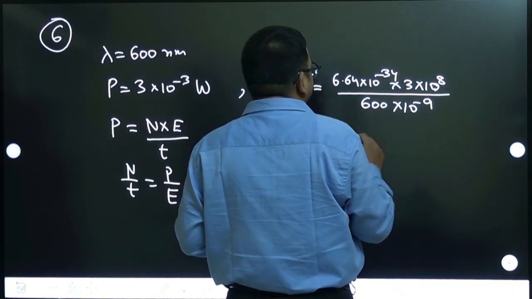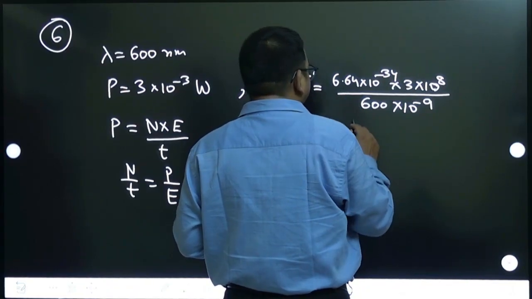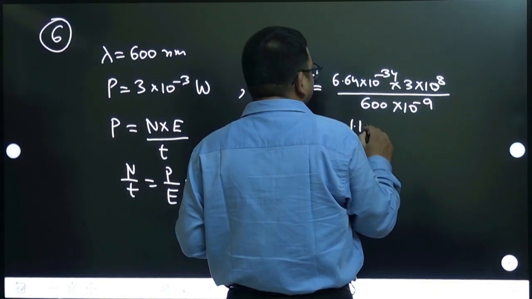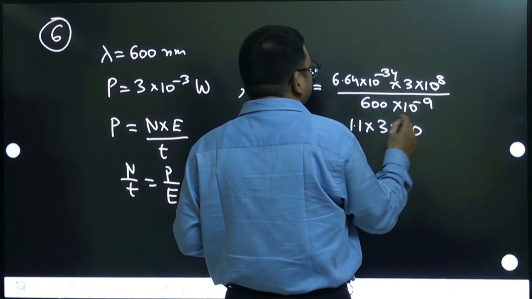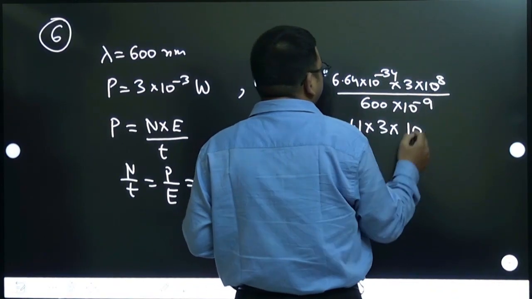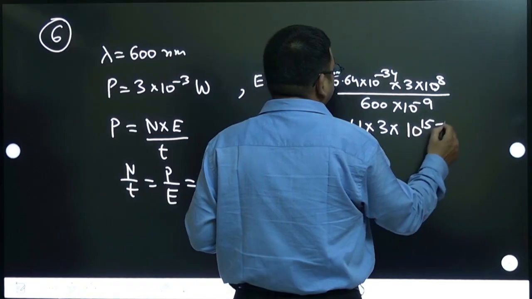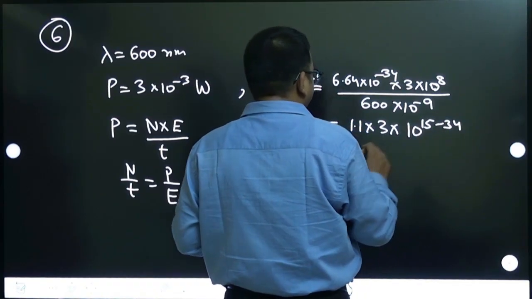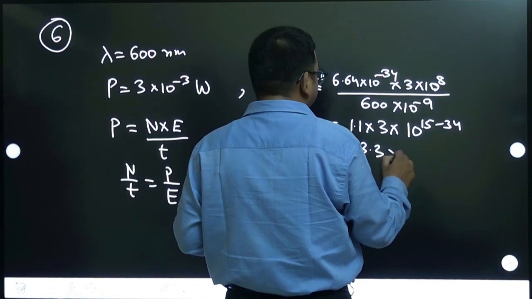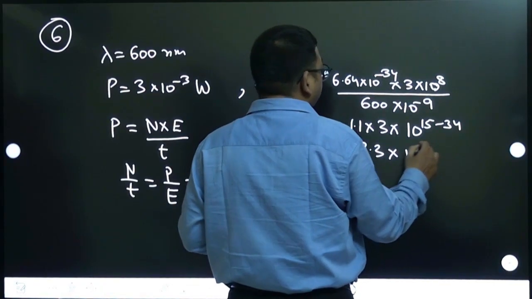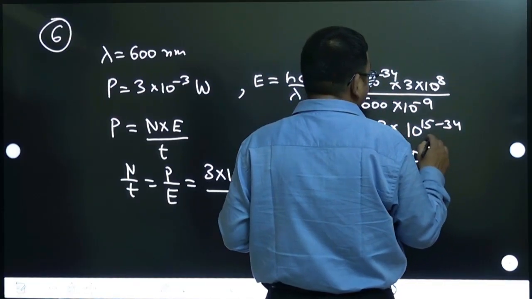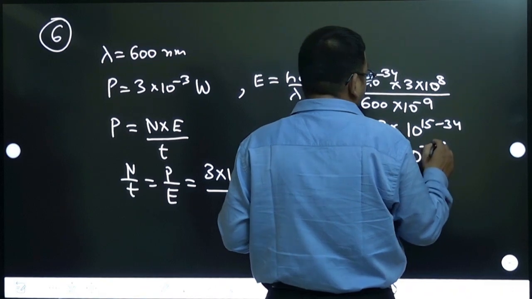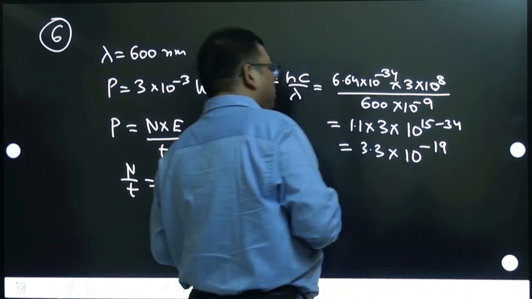So how much is it? If I take nearly 1.1 times 3, with 10 to the power, this will become minus 7, 15. So 15 minus 34, nearly 3.3 times 10 to the power minus 19. So that will become 9, correct?